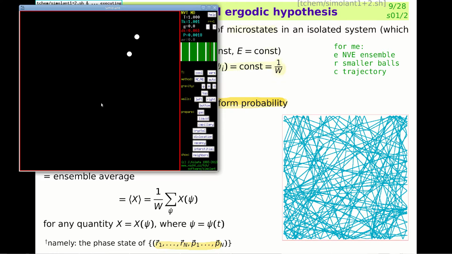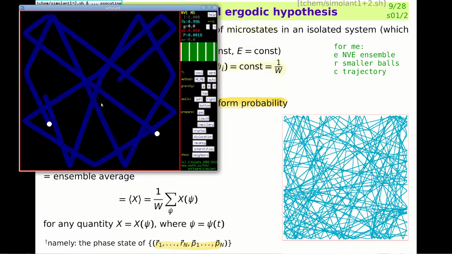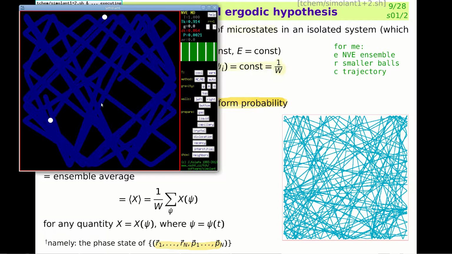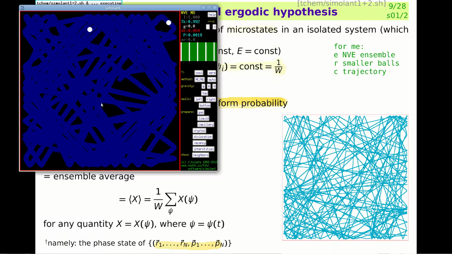So let's take two particles. And you can see that it's pretty predictable, but these two particles once in a while hit each other, and after this collision they change their velocities quite a lot, so there's a chance that it becomes pretty chaotic. And these are only two particles.